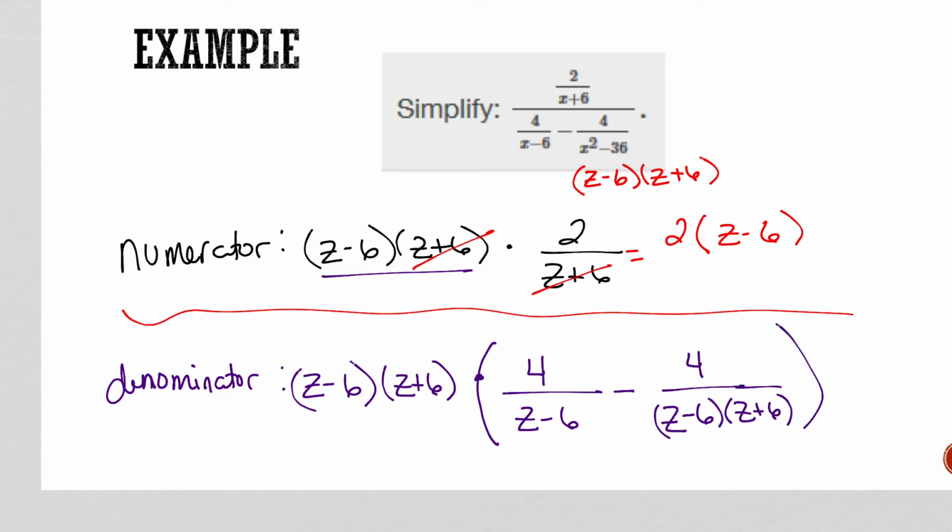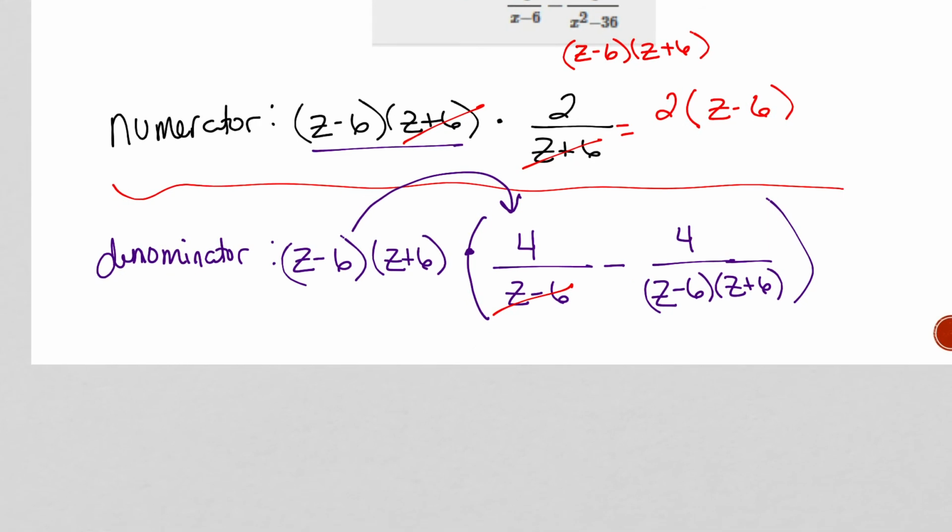Okay, so we're going to distribute this times that. So let's see here. This cancels the z minus 6 right here, but I don't want to mark it out because I've got to use it over here. So all I have left right there is 4 times z plus 6, okay? Now, whenever I distribute this times that, they all cancel, right? So I'm left with minus 4, okay?